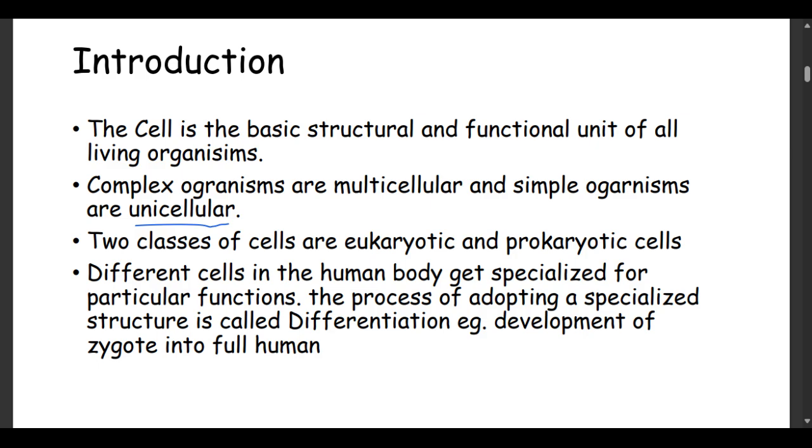Although you are going to see that a zygote is a unicellular structure, that means that's one cell, and then you're going to have many cells arising from this zygote. So there's going to be cell division. You're going to have two cells, 4 cells, 8 cells, 16, and then at the end of the day, you have a full human being.